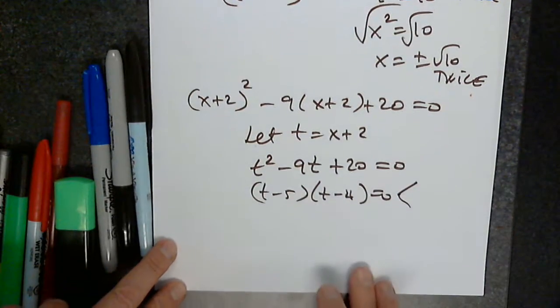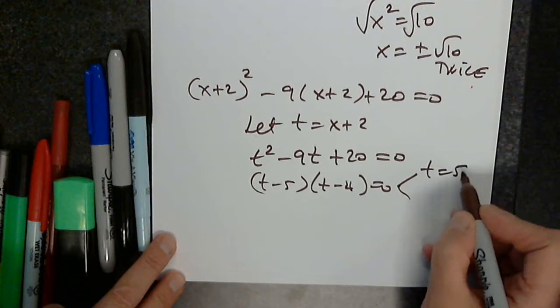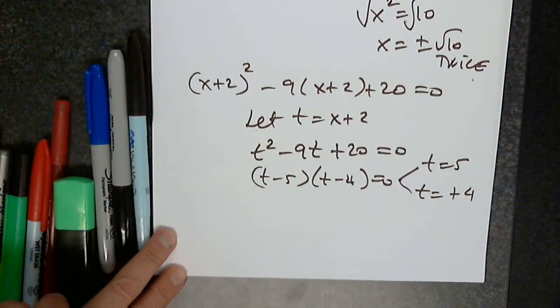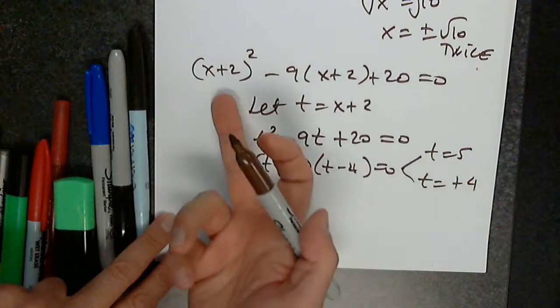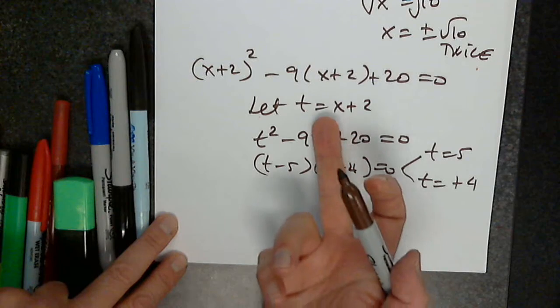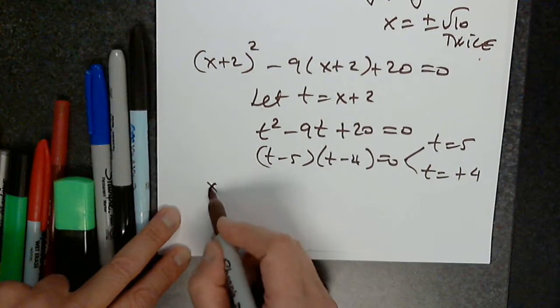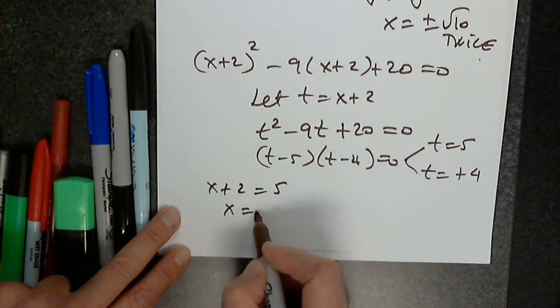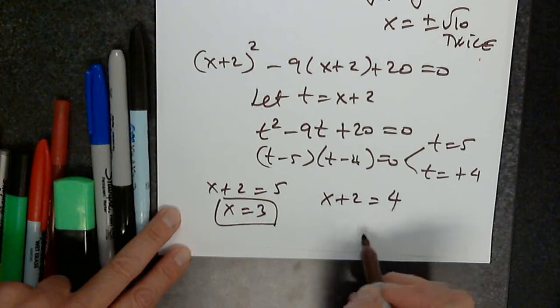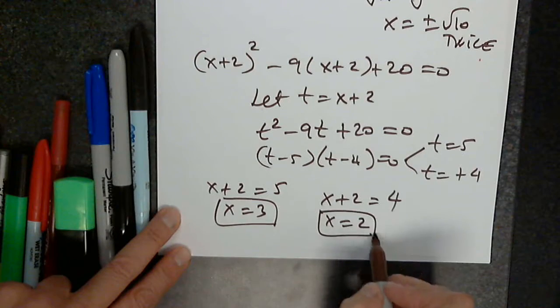We did this problem in class, I think. t equals 5 and t equals 4. So now this t equals 5 will be nothing else but x plus 2 equals 5. So then x equals 3. And then the other one is x plus 2 equals 4. So then x equals 2.